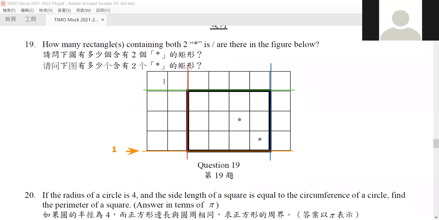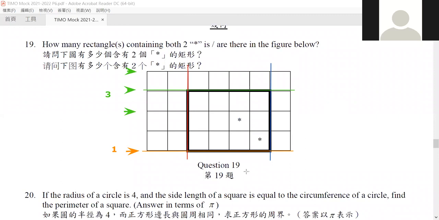How about the top? Again, if it is going to contain both stars, the top must be above the two stars, which is these 3 positions. So the top can only be selected in these 3 positions. How about the right?